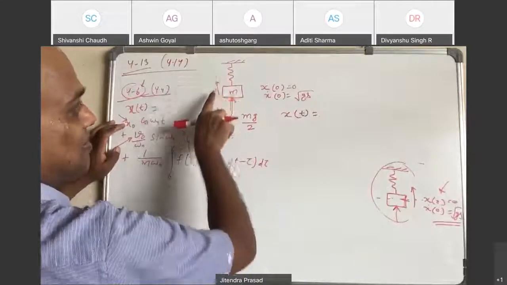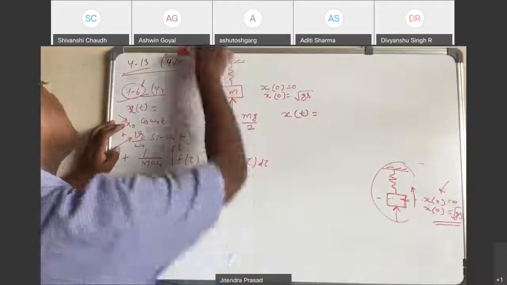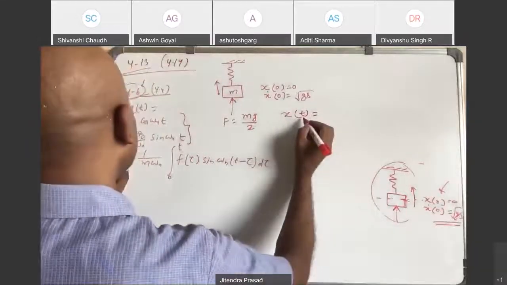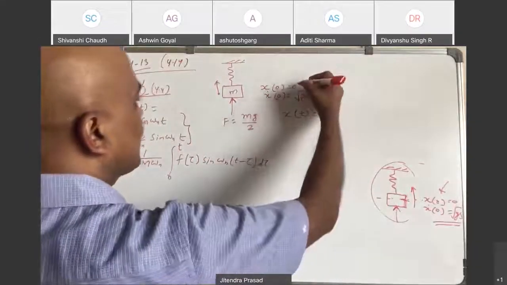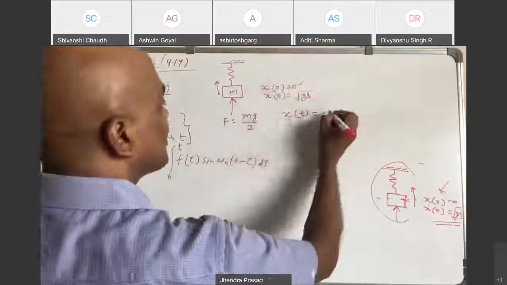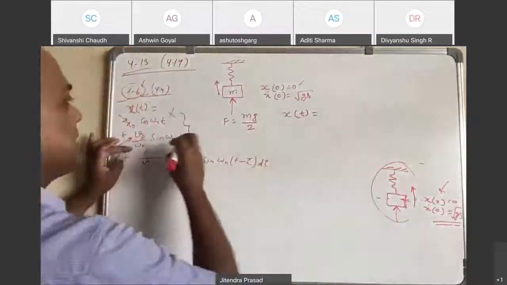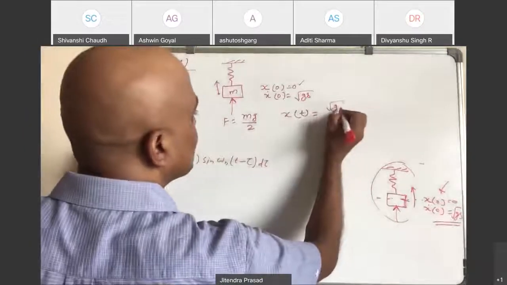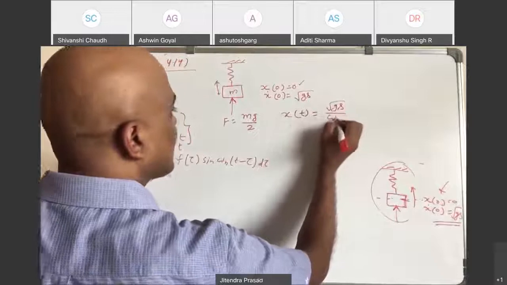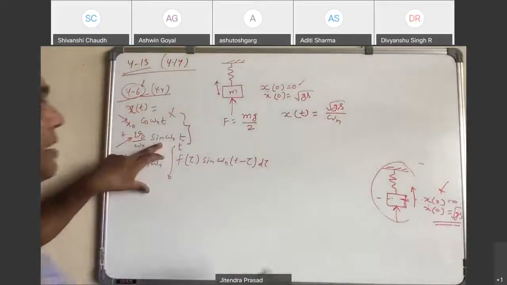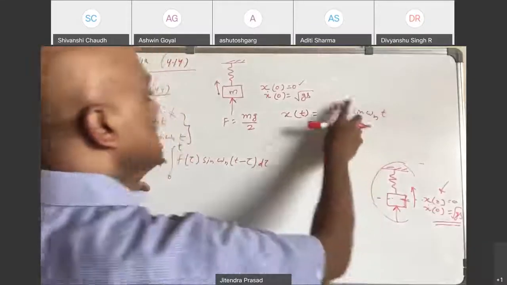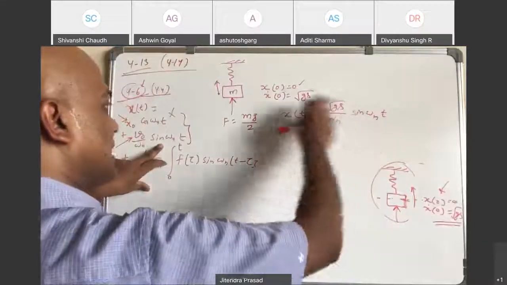Remember, x(t) is positive this way, so we can directly apply this equation. So x(t) equals, x0 we are assuming equal to 0, so this term is not there. Second is v naught over omega n, so root gs over omega n, and then sine omega n t. So this is coming from the initial condition.